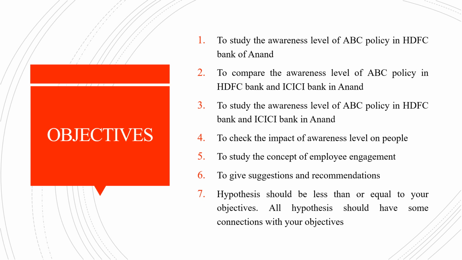Anand is a constant. HDFC Bank again is a constant. ABC policy is a constant irrespective of the respondent. Everyone gives the same answer because your area of study is Anand, your bank is HDFC, and your ABC policy is also constant. What is the thing that will vary in response?